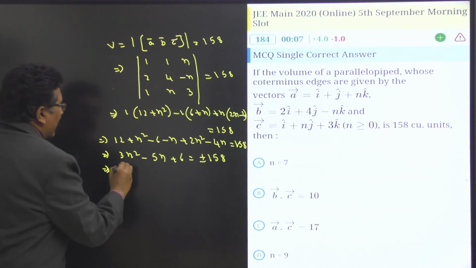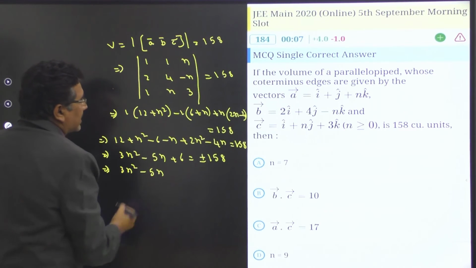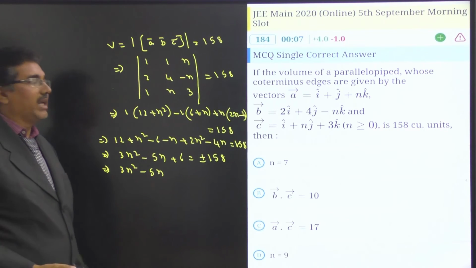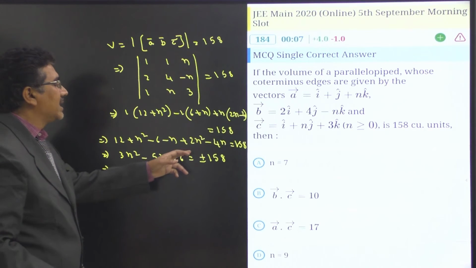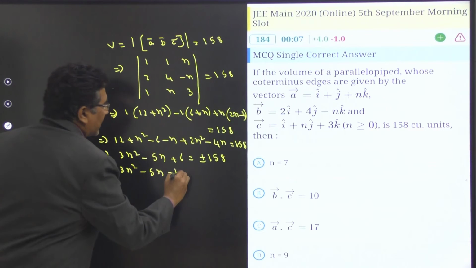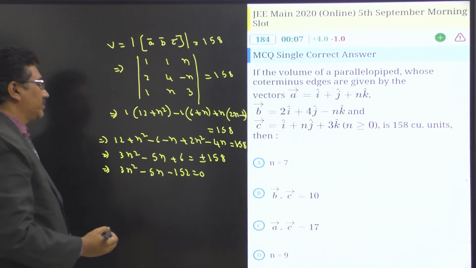That implies 3n square minus 5n plus 6, and if we take 158, 6 minus 158 is minus 152, equal to 0.